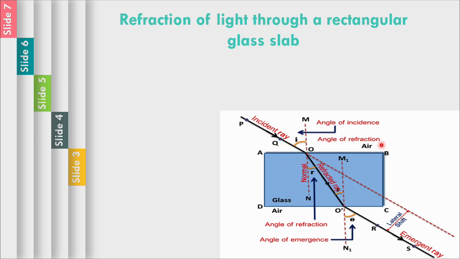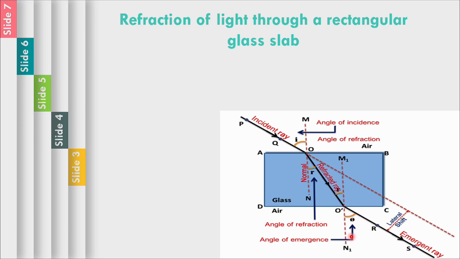Now here air is a rarer medium and glass is a denser medium. How to decide which is rarer and denser? That depends upon the refractive index. In the next slide you can study the definition of refractive index. Now the second case: the light travels from glass to air, that is, denser to rarer medium.